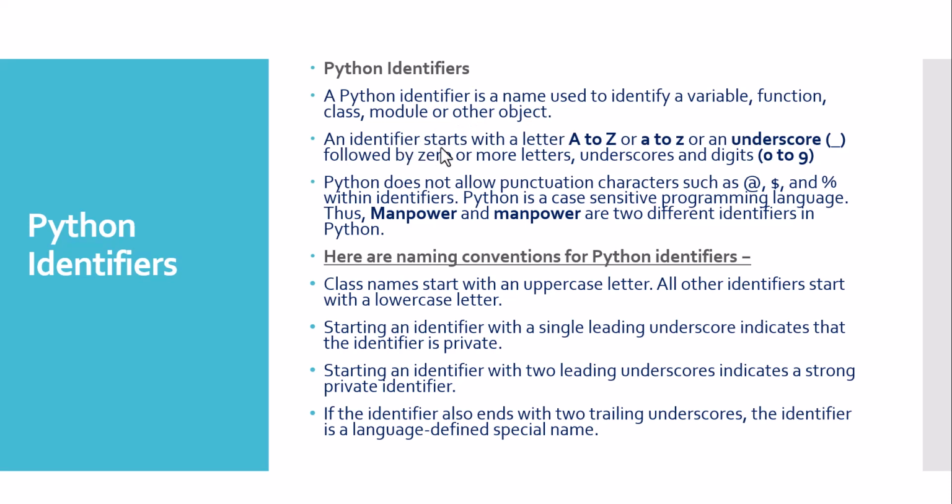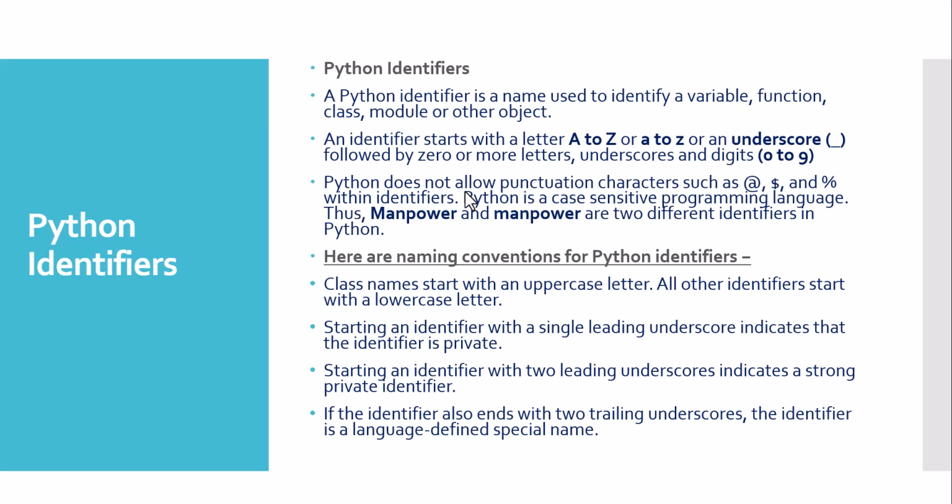An identifier starts with a letter A to Z, capital A to Z, small a to z, or an underscore, followed by zero or more letters, underscores and digits. It means firstly you can put the underscore and then you can use the digits also.